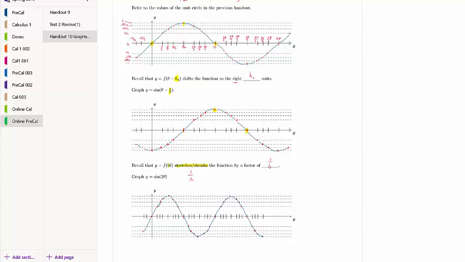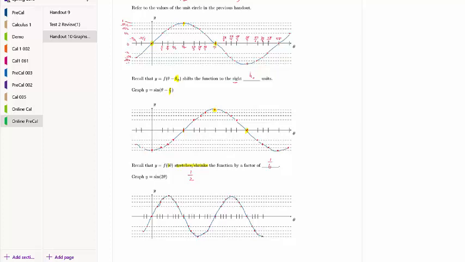Okay, so we've gone over how the sine wave is generated up here. We looked at a function shift right here, and we've looked at how this moves around. Let's talk a little bit about the period of a sine wave. The period is how long it takes for the entire pattern to go through.